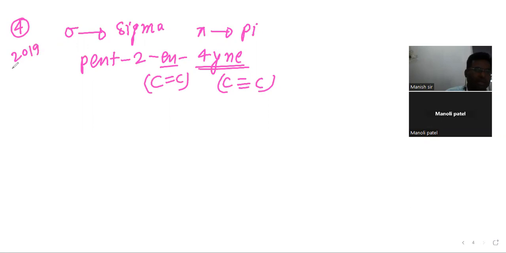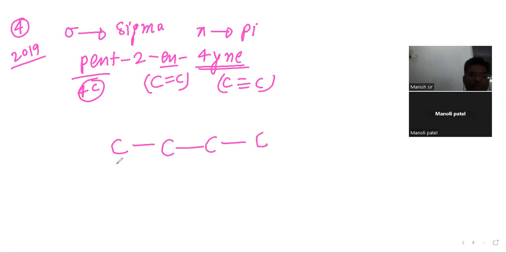It was asked in 2019. So see, how many carbons will it be? Pent means five carbons. So 1, 2, 3, 4, 5. Suppose I am counting starting from here.